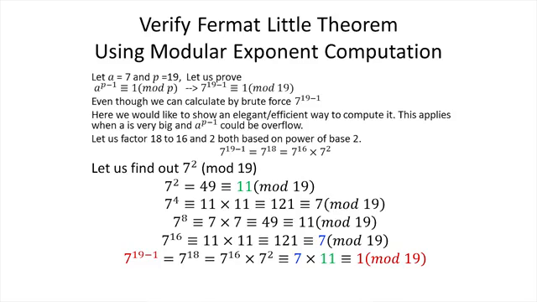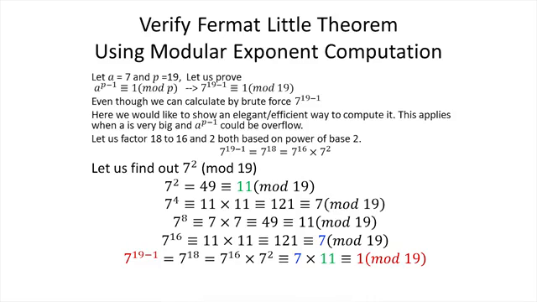7 to the power 4 is equal to 7 to the power 2 multiplied by itself. Since 7 to the power of 2 and 11 are congruent modulo 19, we can substitute 7 to the power 2 with 11. So therefore, the term 7 to the power 4 becomes 11 times 11 modulo 19.